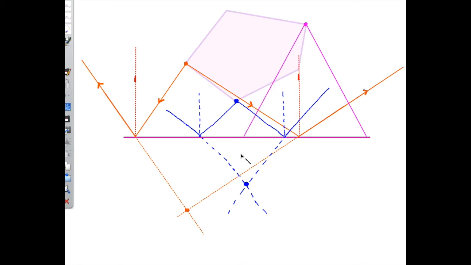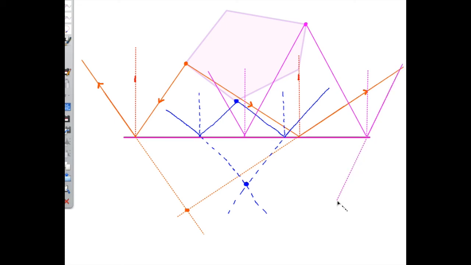For each one of those, I'd mark off a 90 and draw a good normal. I'd measure each of those angle of incidence, mark off the same angle on the other side for the angle of reflection. I'm just eyeballing this. There's my reflected ray. Over here, there's my reflected ray.